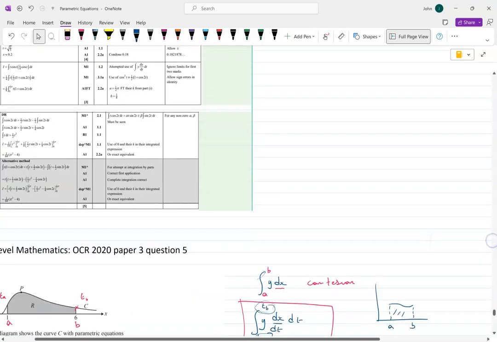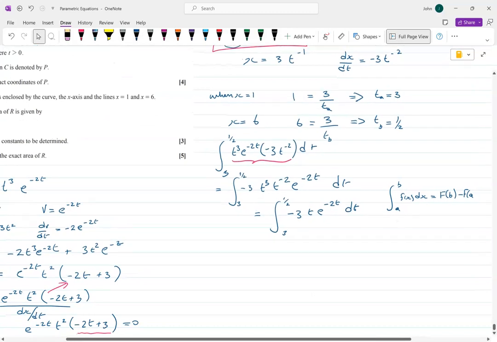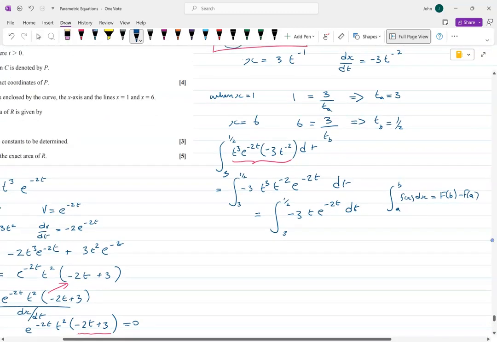So you're taking one thing from another if you're integrating. So it's just the other way around, that's minus f(x) dx with the limits swapped over.